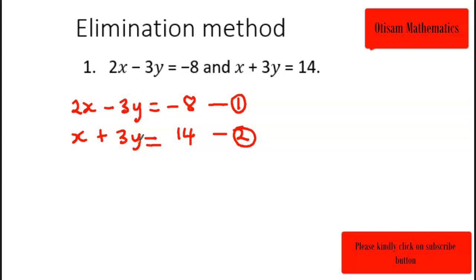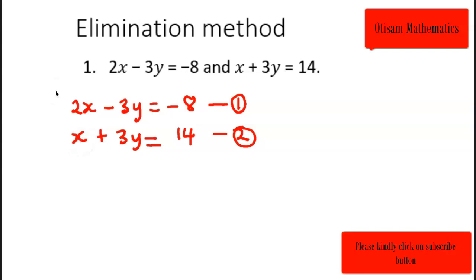Now, in doing that, you check the coefficient of the variable in the 2 equations. For example, if we want to eliminate x, we check the coefficient here. In the first equation, the coefficient of x is 2. In the second equation, the coefficient of x is 1.